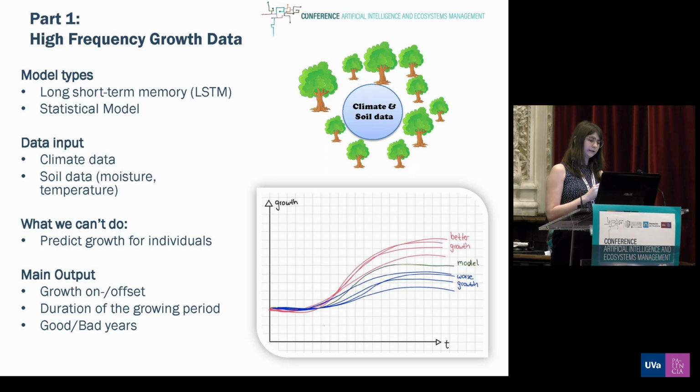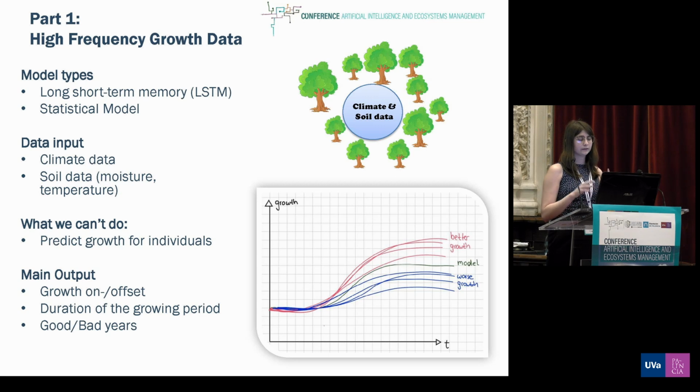But what we hope to get from our model, or the main output of this model, should be an idea of how we can predict the growth onset and the growth offset based on climate data and soil data, as well as then the duration of the growing period. And what we are also hoping to do is to identify bad and good growing years.